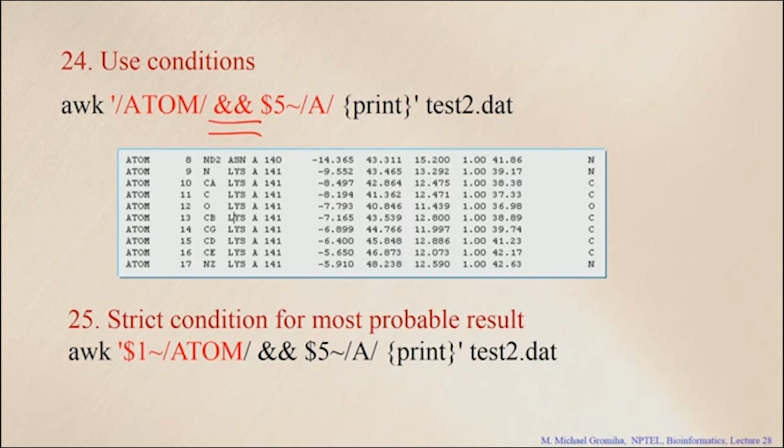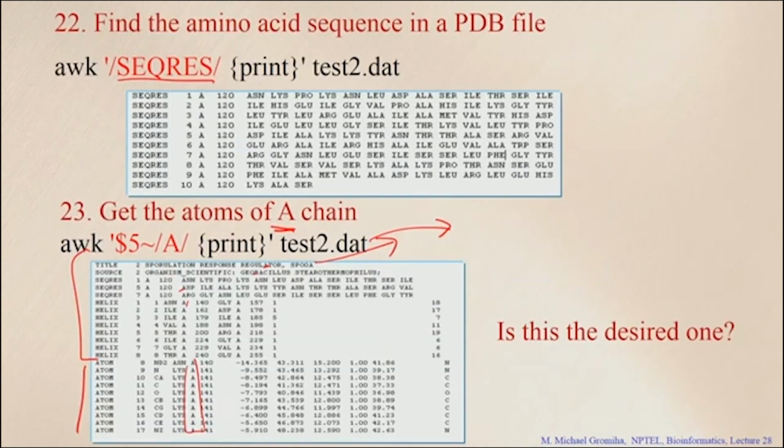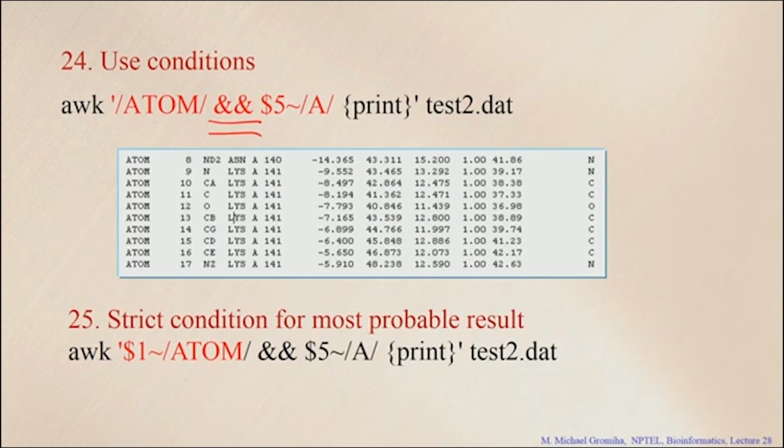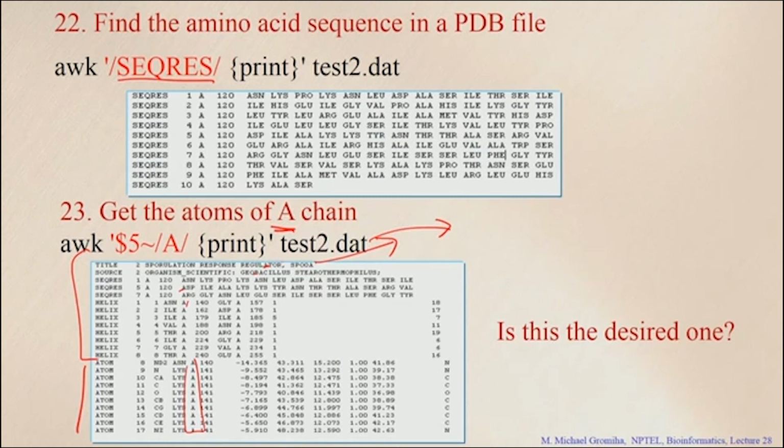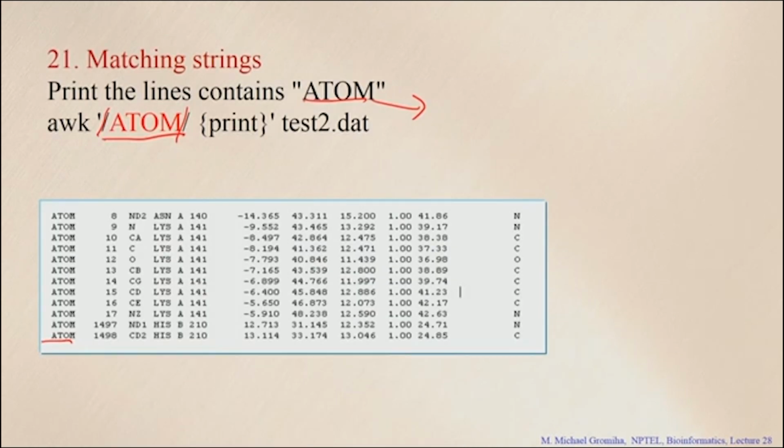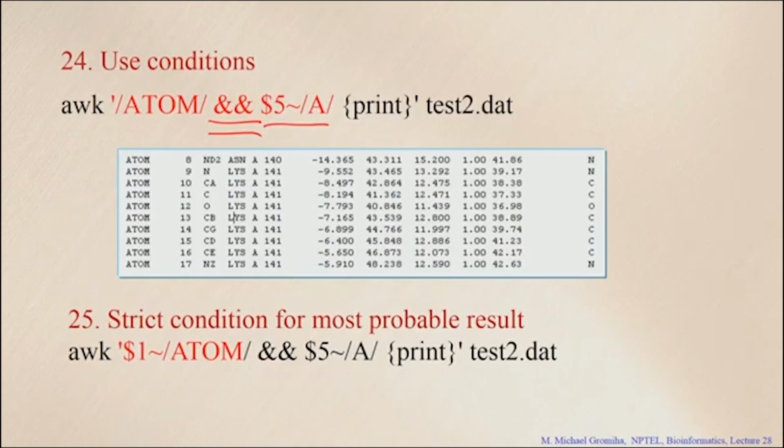So here we are taking two conditions. Last time for the fifth column we mentioned it contains A. Now we are giving the restriction that it should start with A. If you give only that the fifth starts with A, you can eliminate some of these lines, but this one starts with A, right. Now the fifth starts with A and it also contains ATOM.